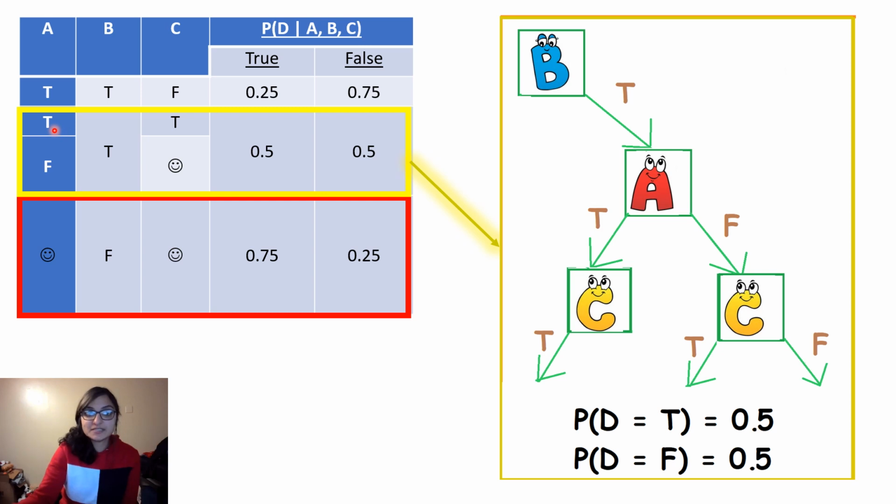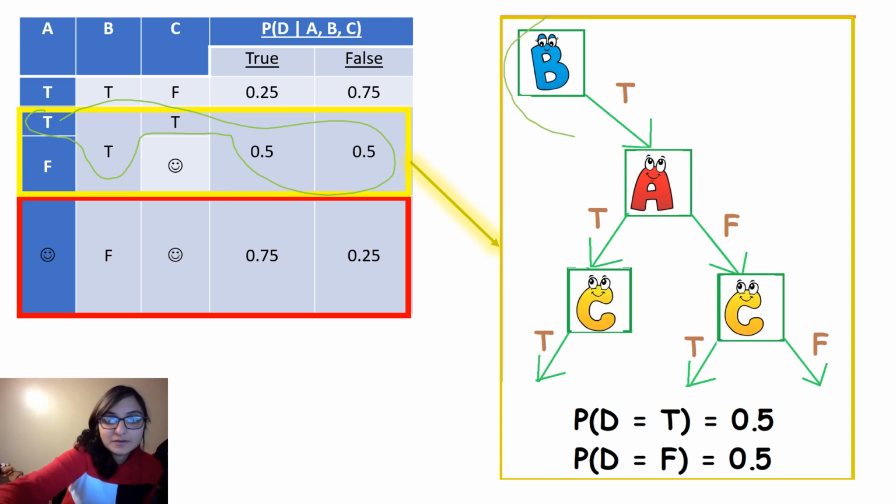But what we do see is that A is important and is true and false. So we're going to start with A here and say that B is true, and A can be true or false. And then if A is true and C is true, then we observe this distribution here. I didn't want to keep writing it over and over again, but we have these three nodes, this one, this one, this one. So if B is true, A is true, C is true, that's what this part here is showing you.